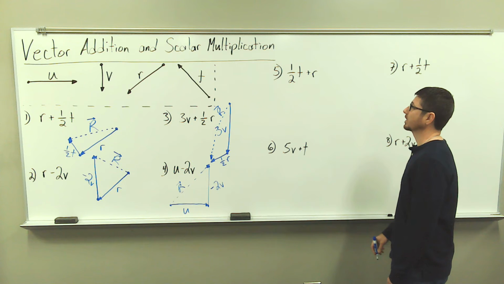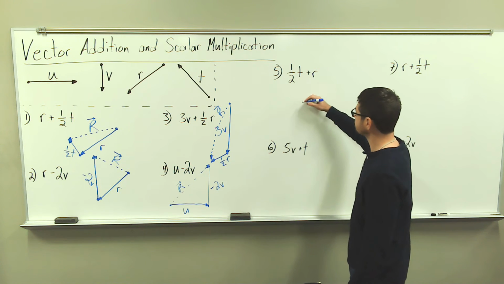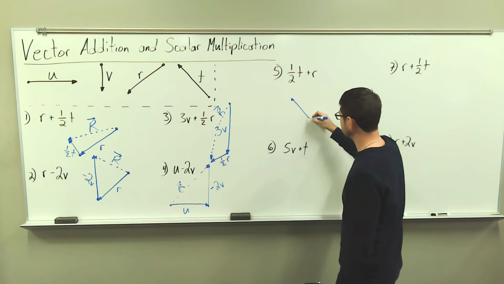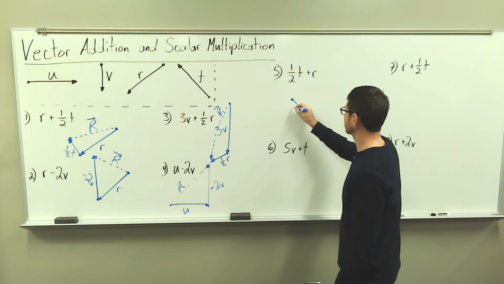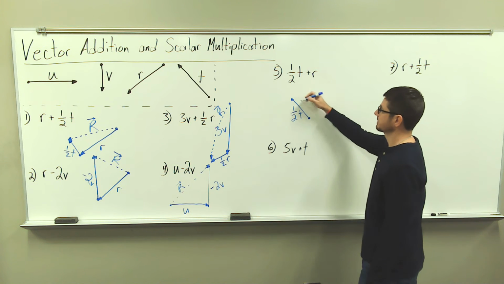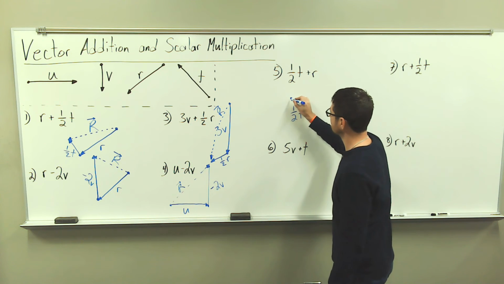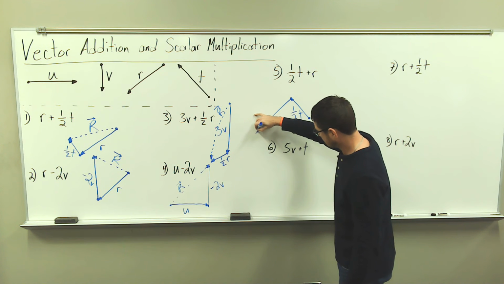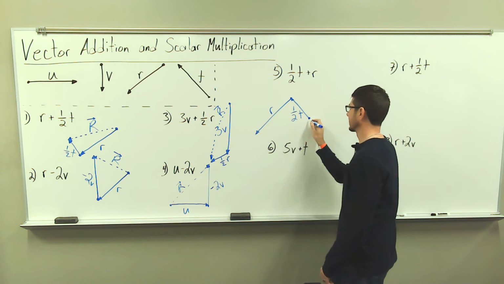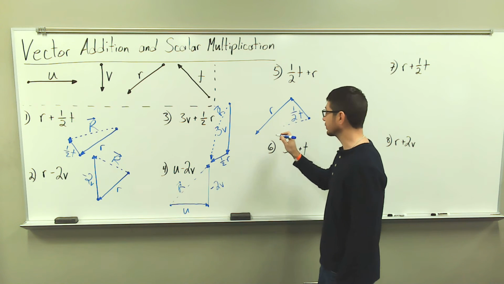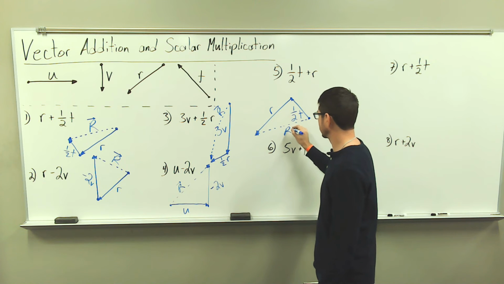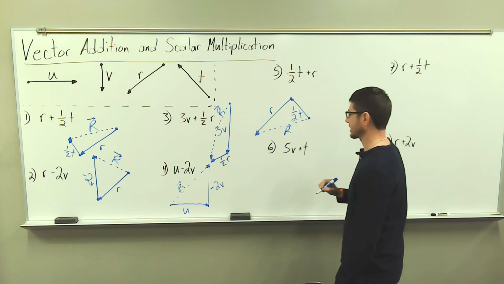Okay, number 5, 1/2 t plus r. So half the magnitude of t plus r. Let's draw our resultant. Okay.